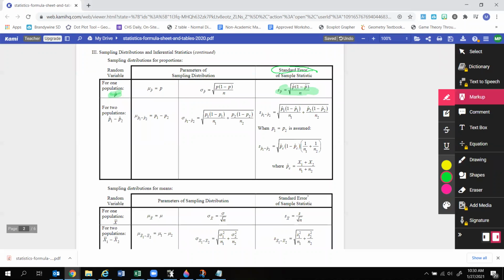This is what goes in for your standard error on a one prop Z interval. As for the means, just look down a little bit for one population X bar. That's going to be this right here. It's just S over root N. So you're going to plug one of these two into the confidence interval formula that we just talked about.